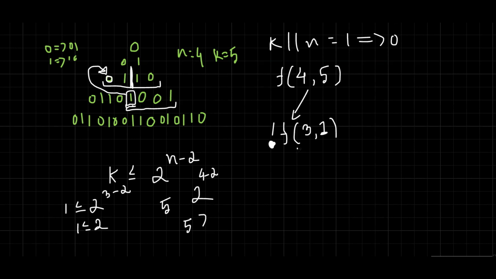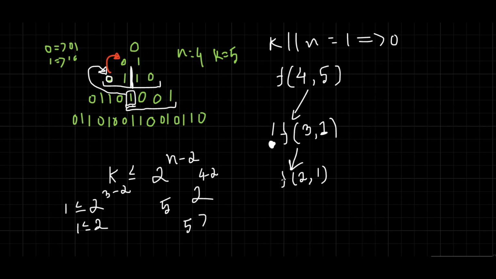So here we have to call this function on the previous row and the corresponding k. Here the value of k will be unchanged because this position 0 and 1 is exactly equal to this value 0 and 1. So now the call has been transferred to this position 0.